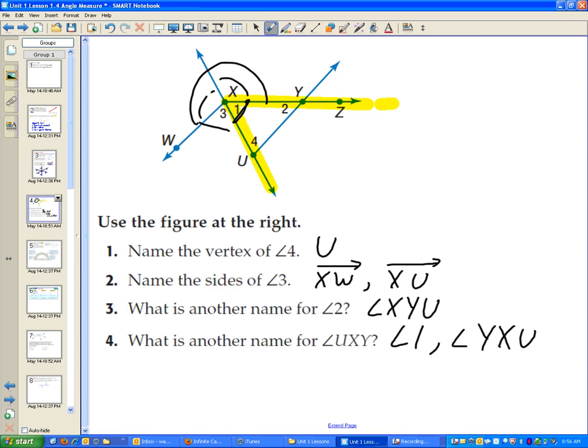So I'd rather not call it angle X. Anybody see another one that you could call it? How about this? What if I called it angle ZXU? It's the same angle, isn't it? Or UXZ. Okay. All right, so far so good?